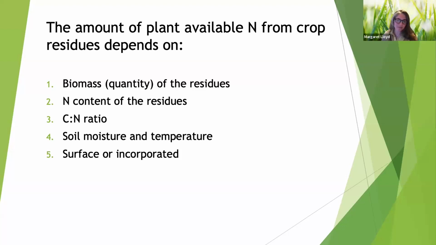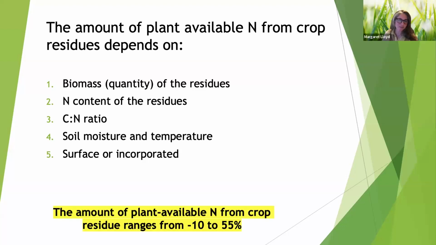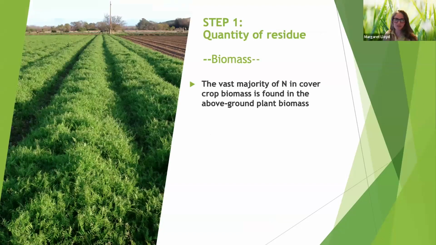So far, the work on cover crops estimates that plant available nitrogen from crop residue ranges from tying up nitrogen, so the negative 10%, to a release of 55%. Over the next 15 minutes, we're going to look at how to understand whether we're at the minus 10% or the 55%. So first step is getting a handle on the biomass.